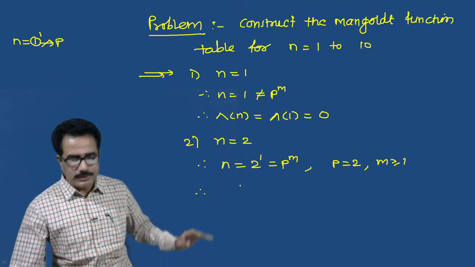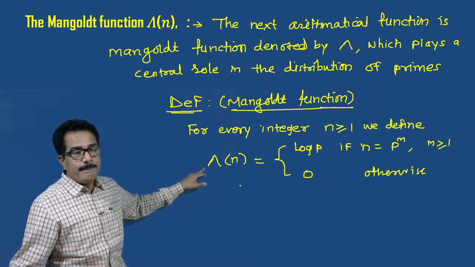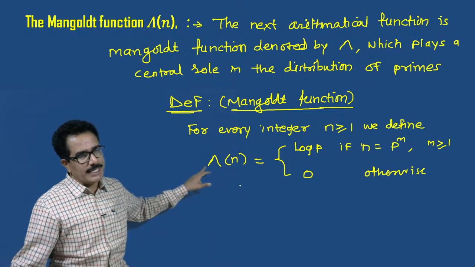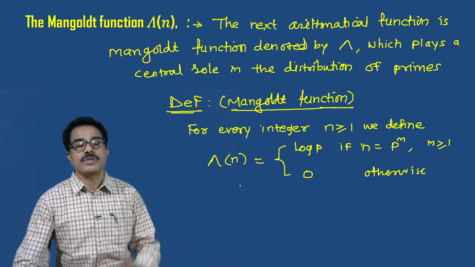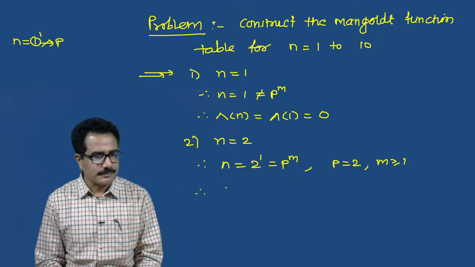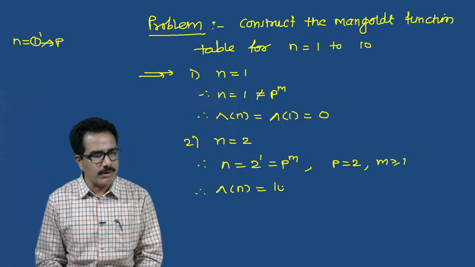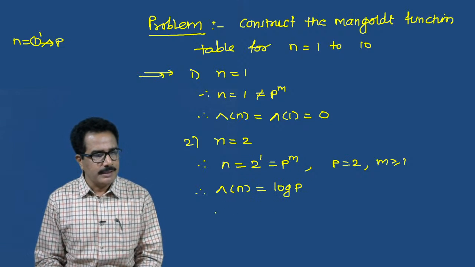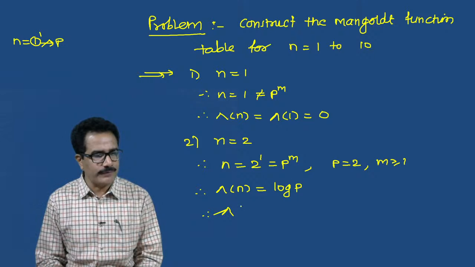So, according to the definition of the Mangoldt function, we can write lambda of n is equals to log p. Therefore, lambda of 2 is equals to log 2.